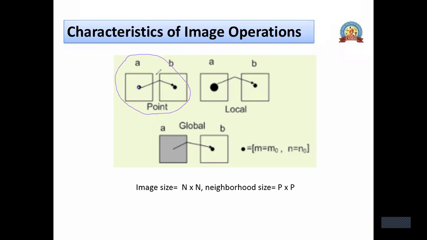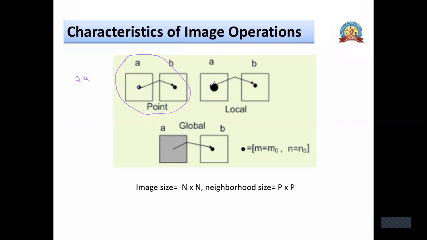For example, if you want to do an image multiplication with a scalar value, say 2, that means you multiply every pixel in the image by 2 to increase the brightness. You take this pixel, multiply it by 2, and replace that pixel with the new value, which is 2 times that pixel. Got it? That is point operation.